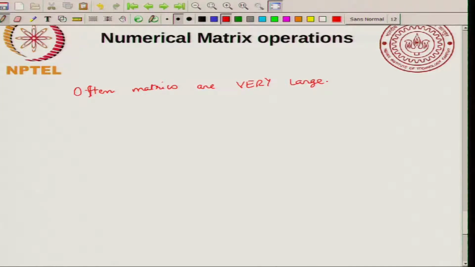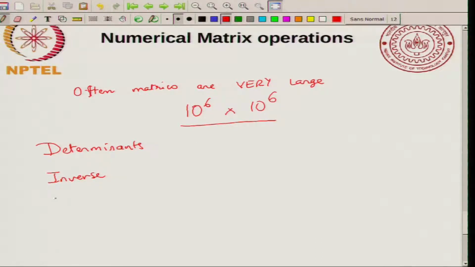When I say very large, you might deal with 10 raised to 6 by 10 raised to 6, so million by million matrices, and you cannot calculate the determinant the usual way or the inverse the usual way. So, all operations, determinants, inverse, etc., and eigenvalues, eigenvectors, are all done using numerical methods.